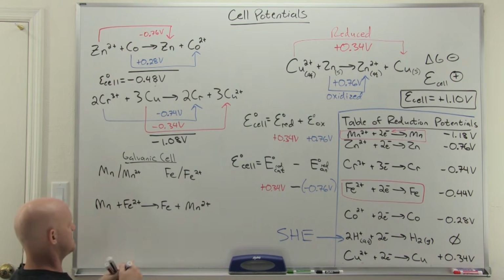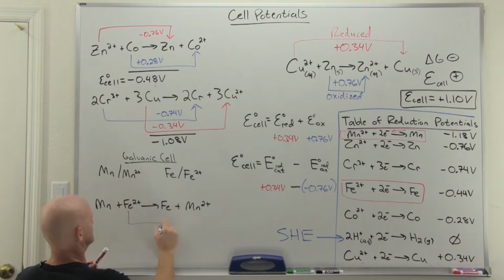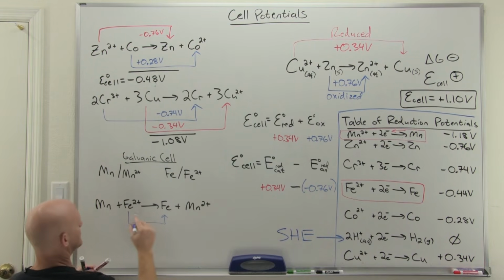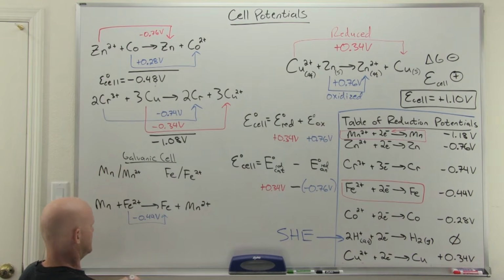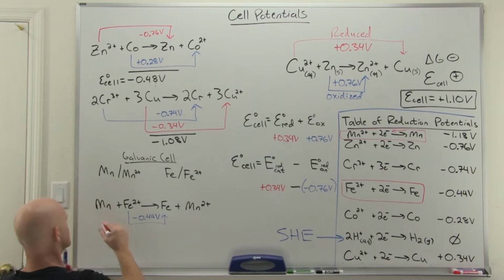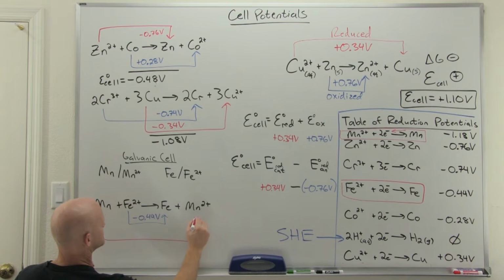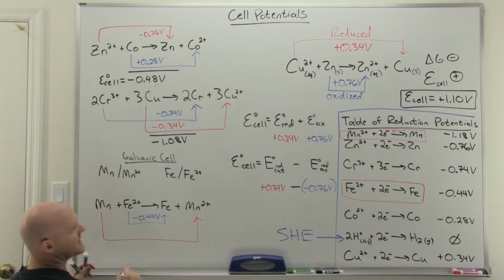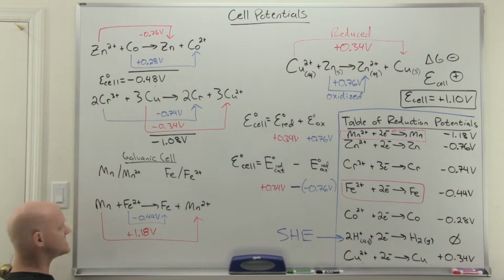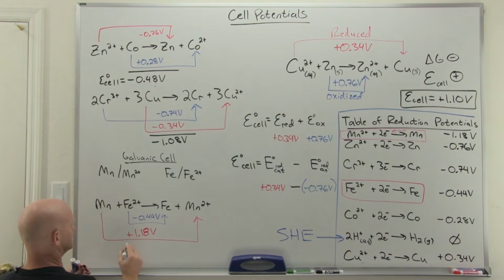And in this case, our Fe to Fe2 plus is exactly what we see on the table, and so it's negative 0.44 volts. But the Mn to Mn2 plus, we designed it to be exactly backwards of what's on the table. And if what's on the table is negative 1.18 volts, then this is going to be positive 1.18 volts. And again, if I took the time to change the sign myself, then I can just add these, not subtract.